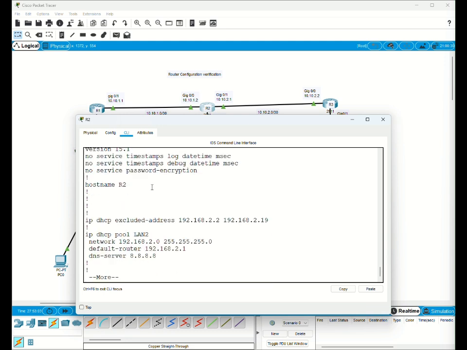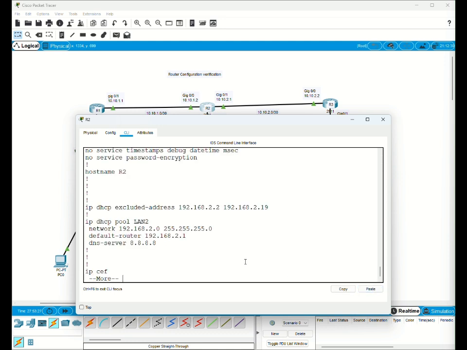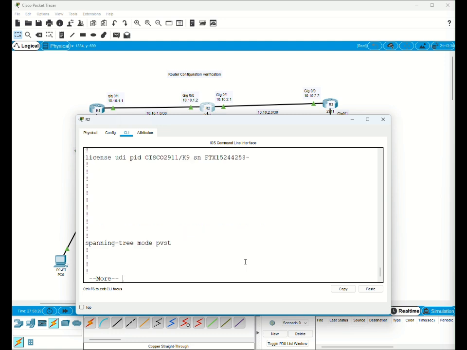It means this configuration is in the memory, right? Running config means information in memory. If not saved, when the router is shut down, then everything will vanish. Startup config is the opposite. It means information that is stored in the NVRAM, and if the router is shut down, we can still get that information.